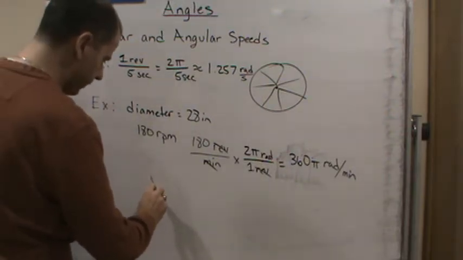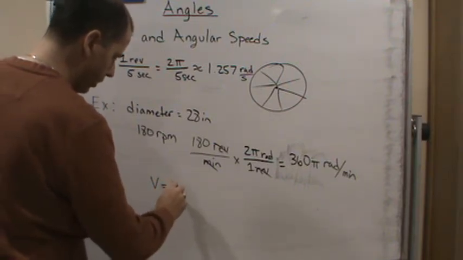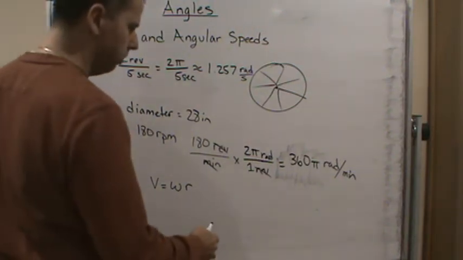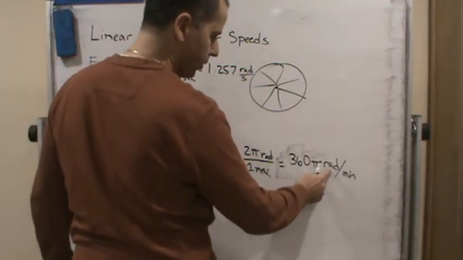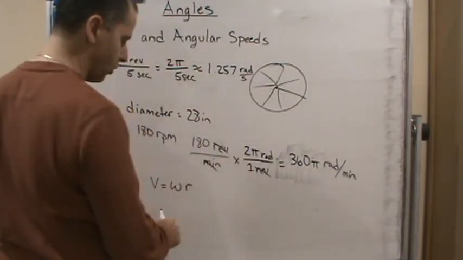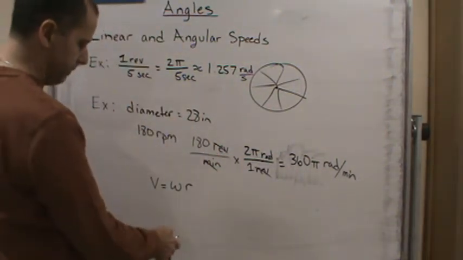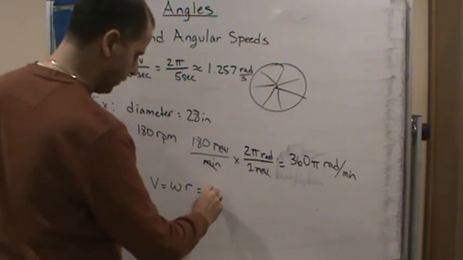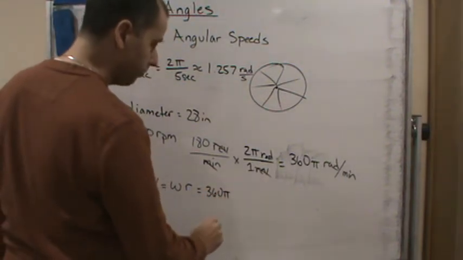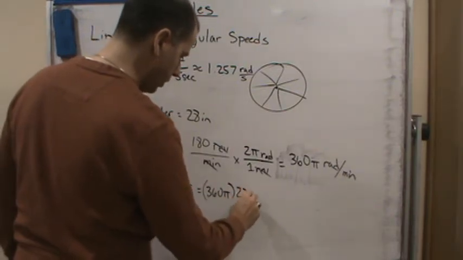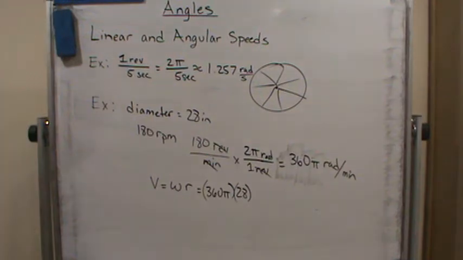The formula for linear speed, remember, is the angular speed times the radius. Radians is unitless, so that's going to be replaced with the inches. So what we're going to end up getting is inches per minute. It's going to be 360 pi times 28 inches.